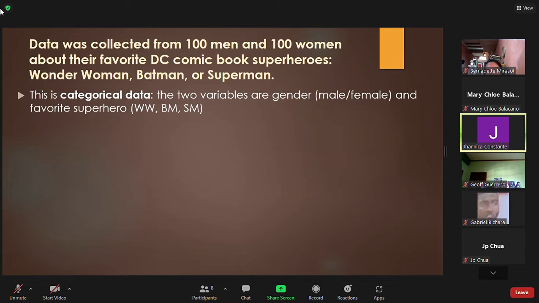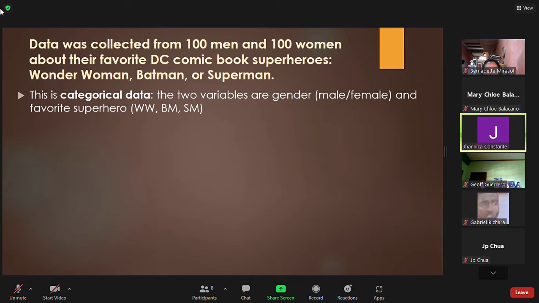In the stated problem on the screen, the categorical data are the male and female, or the gender of the two groups in the problem, the 100 men and 100 women. And also the categorical data is the favorite superhero that they want.